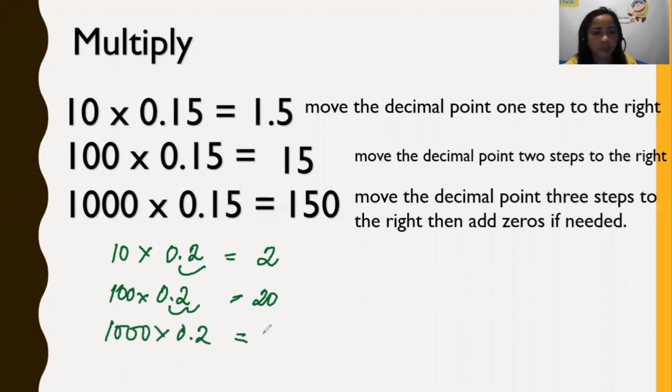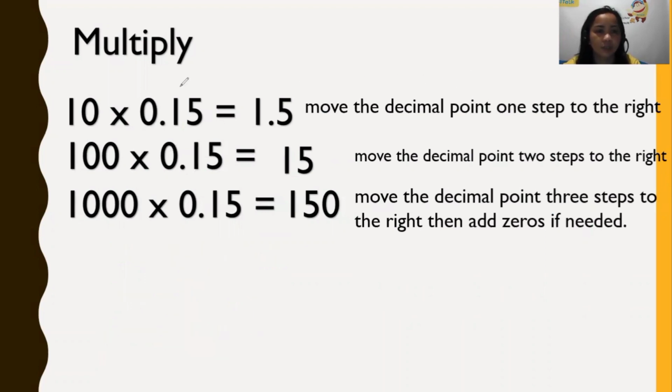We need to move 3 places. The answer is 200. What you will notice is that zeros are added when needed, because here, 1, 2, 3, we are short by two place values. So it gained 2 zeros, and it became 200. Alright. Now, let's proceed to the next example.